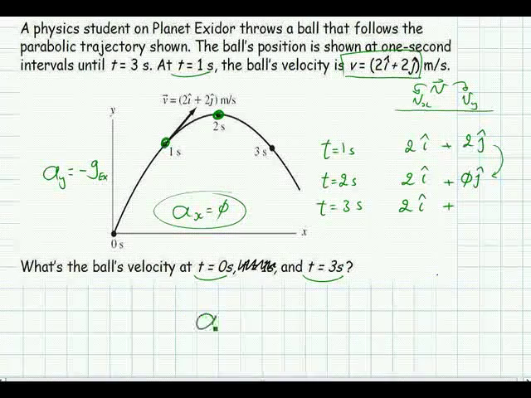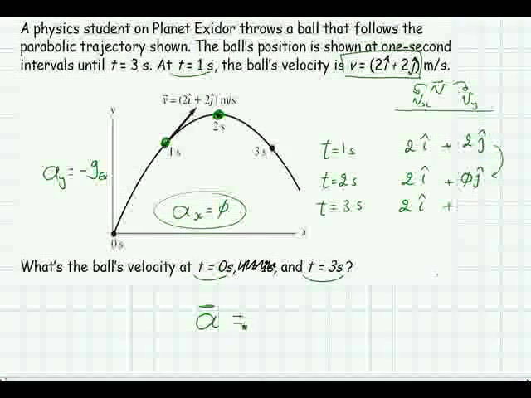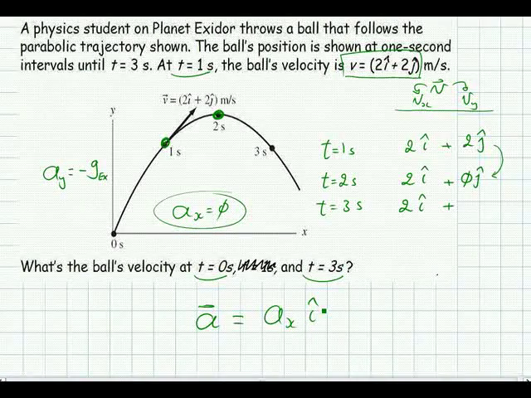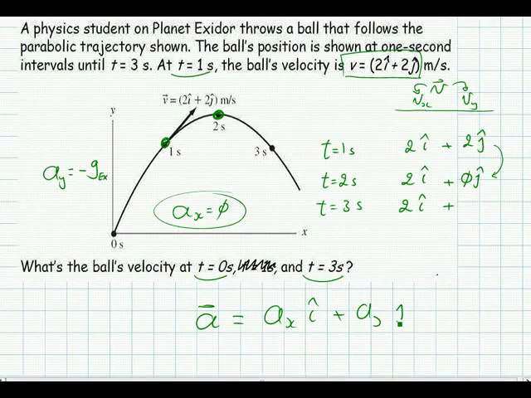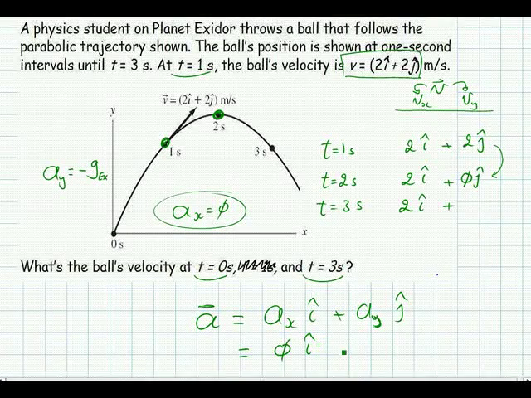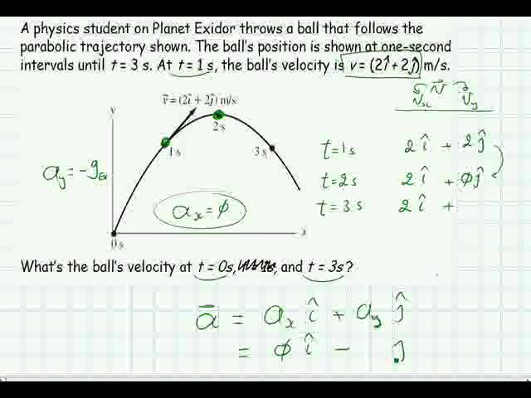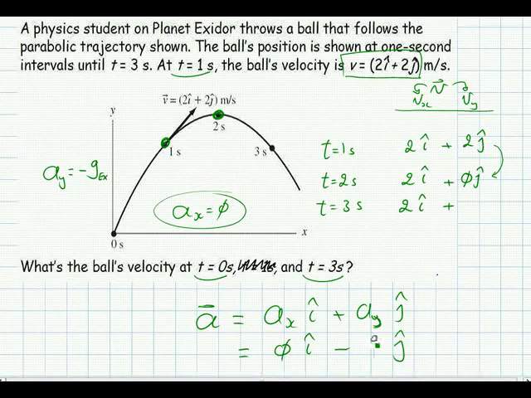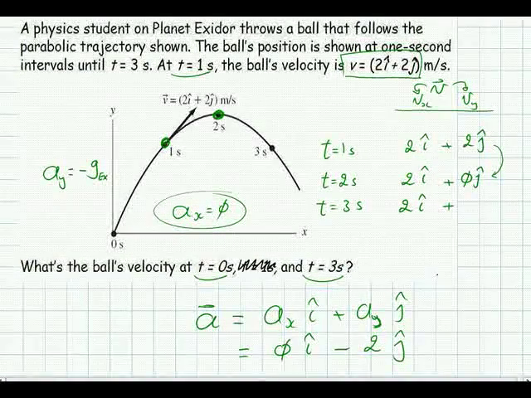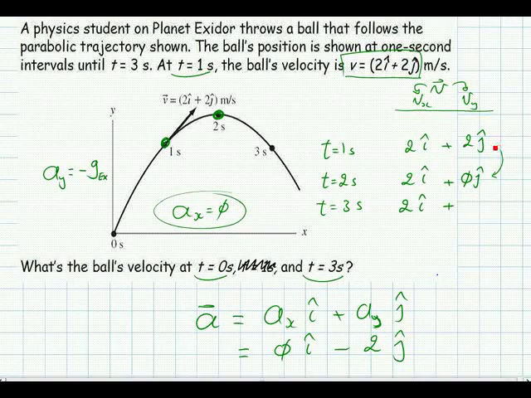That means that the acceleration vector is ax i plus ay j. My ax is 0, therefore it's 0i, and my ay is a negative number, I know that, but negative what? That's negative 2, because that's obvious by looking at this transition, going from 2 meters per second to 0 meters per second.